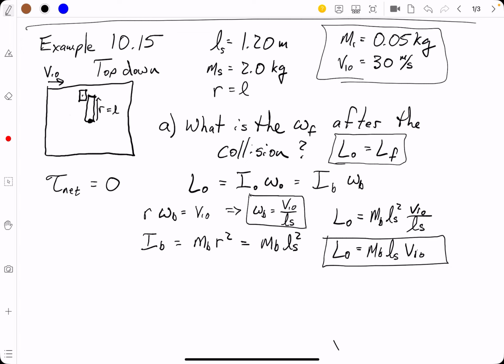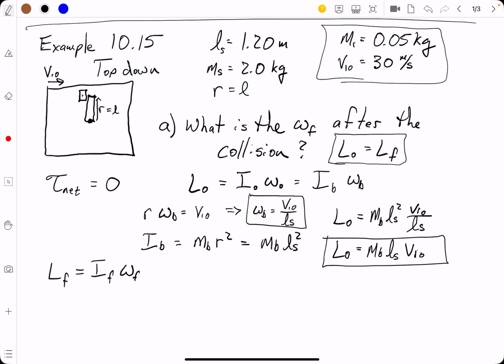What about L final? Let's find out what L final is. L final is equal to our final moment of inertia times our final angular velocity. Pretty easy.